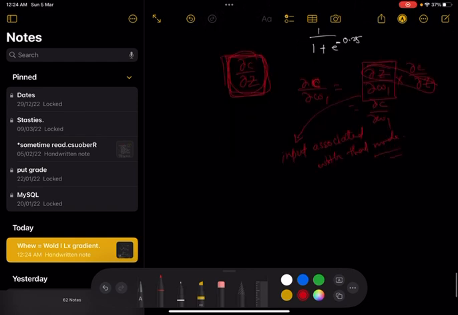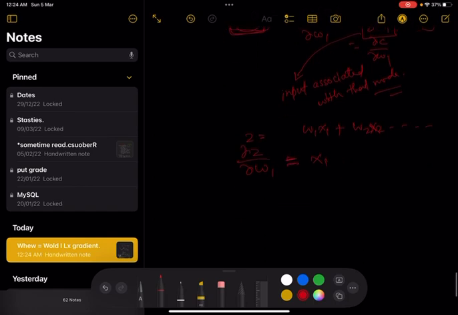You can calculate it too, because z is w1x1 plus w2x2 and so on. So if we take dz/dw1, we get x1. So the gradient will be x1 times dC/dz.